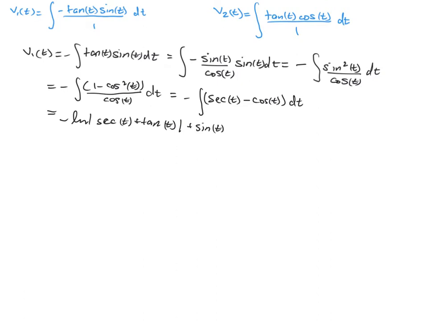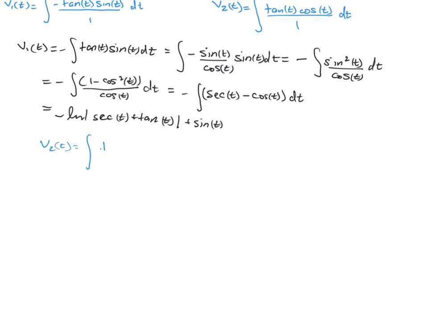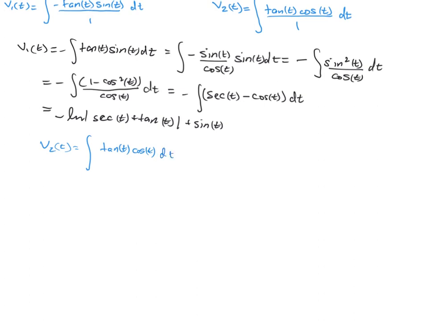Well, now go ahead and find v2 of t, and that one is the integral of tangent times cosine of t. And again, just like before, we're going to go in and rewrite this as the sine over cosine.